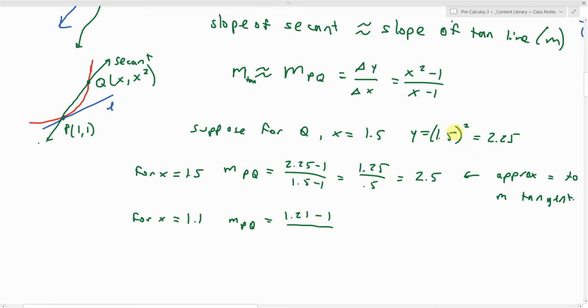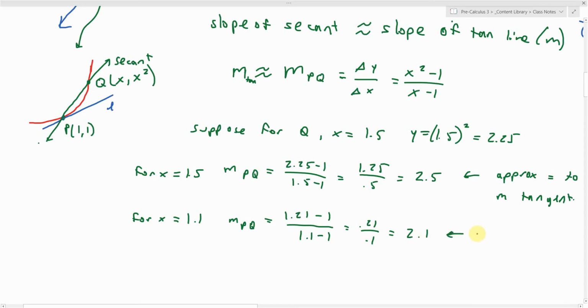Remember, we're just squaring the x value to get the y value. And then in the denominator, we'd have 1.1 minus 1, which is 0.1. So 0.21 over 0.1 is going to be 2.1.